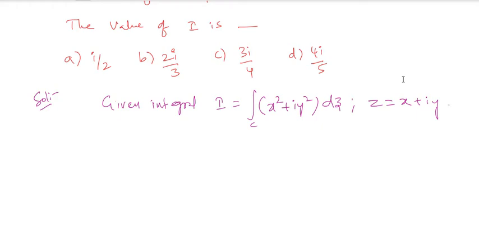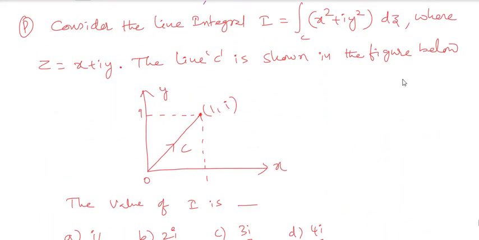Am I right or not? Now the line C, if you observe the figure, is a straight line which passes through the origin. So the equation will be y is equivalent to x. Am I correct or not?